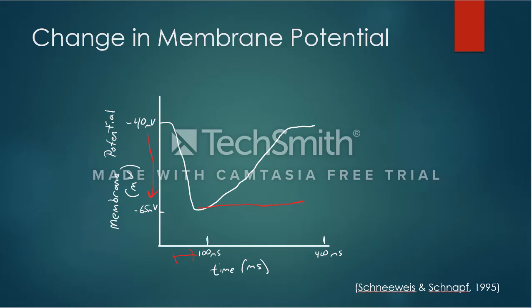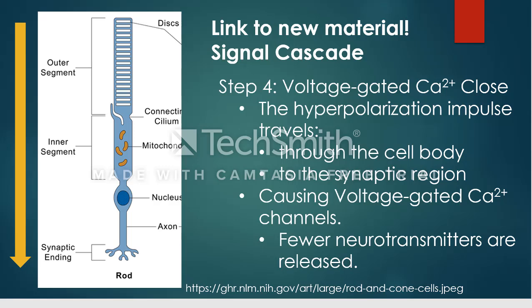When we're going more negative, we call that hyperpolarization because we are getting more negative. Right. So the hyperpolarization impulse will travel down the rod, or remember, going into the interior of the eye, and it will pass through the cell body, and finally will reach the synaptic ends, or the synaptic region.